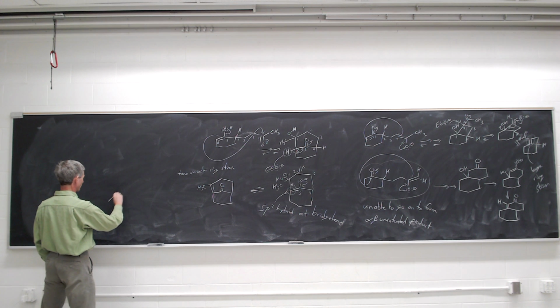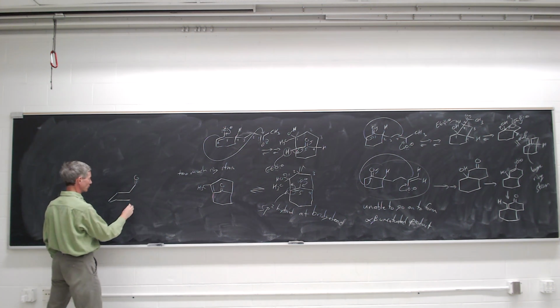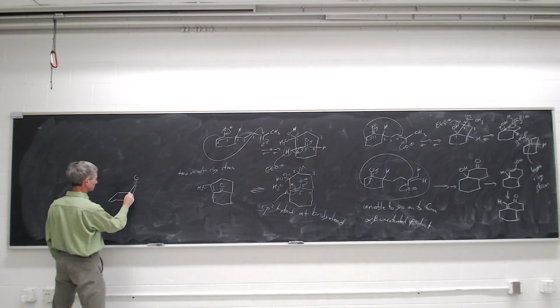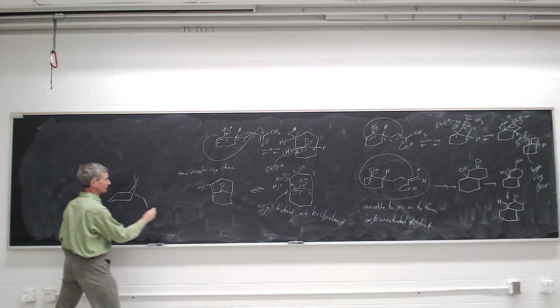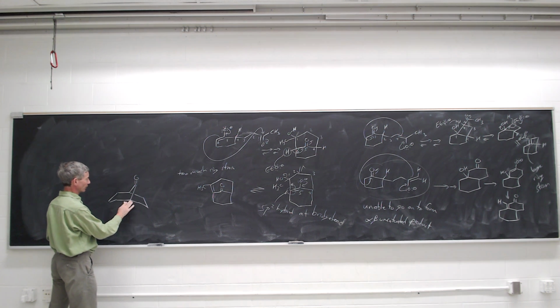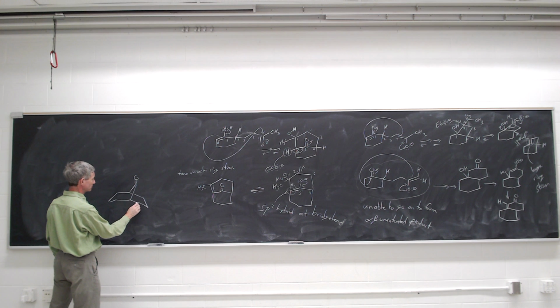If we redraw that molecule, the carbonyl group is that bridge. It's a 6-member ring. Another 6-member ring. And what we're trying to do is put a carbon-carbon pi bond in this bridge position.